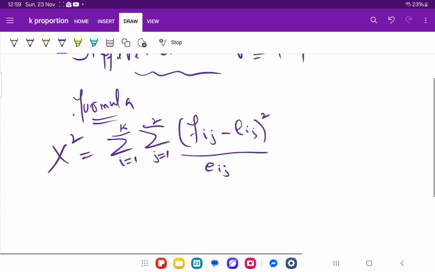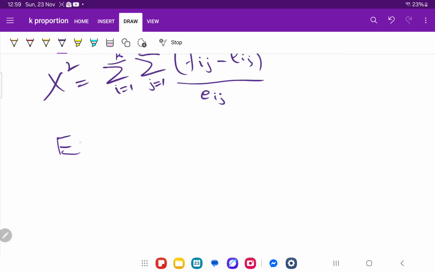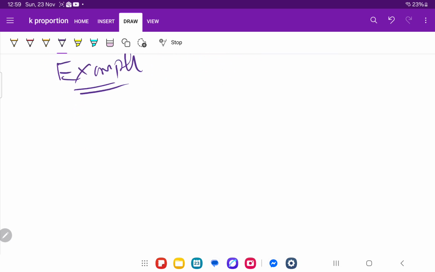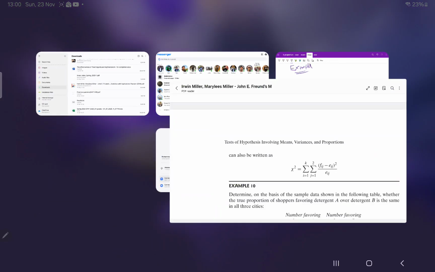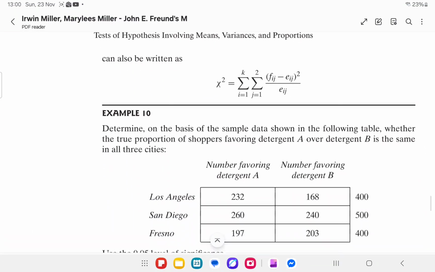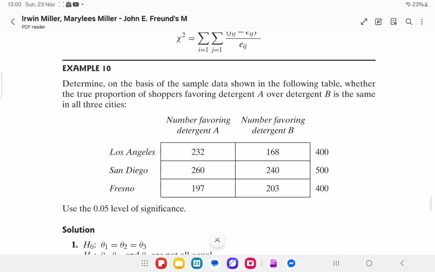So there is one example which is illustrating this one. We have the example here in this book, example number 10.